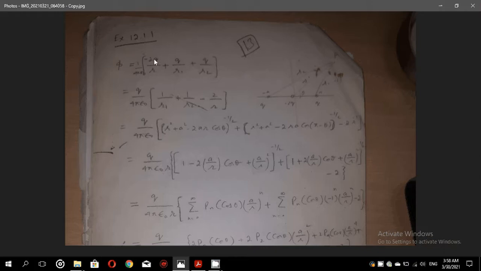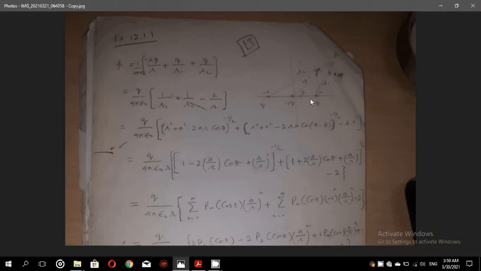And now I have written this by taking q outside, and then we have 1 over r1, 1 over r2 and minus 2 over r.